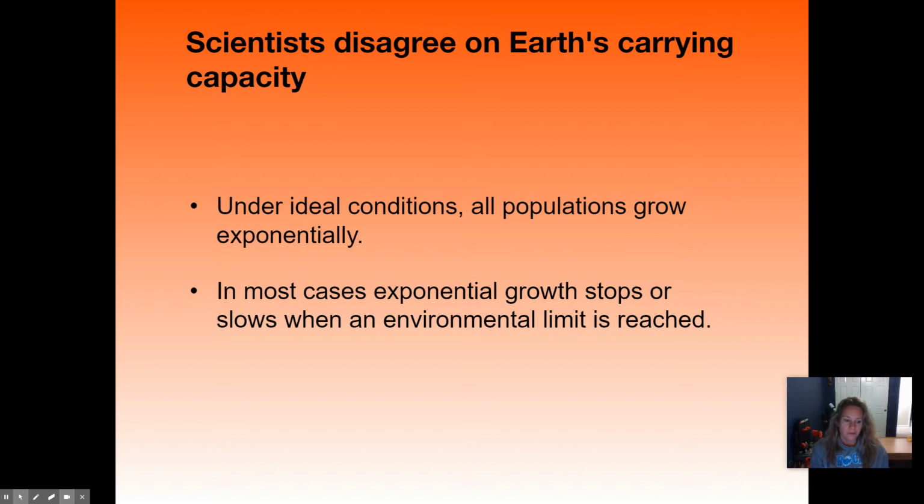If we continue to use things like we do today, and the developing countries use things more like we do, then our carrying capacity is probably less than it is now. So it just depends on our limiting factors and how we decide to use them, which is mainly food and water.